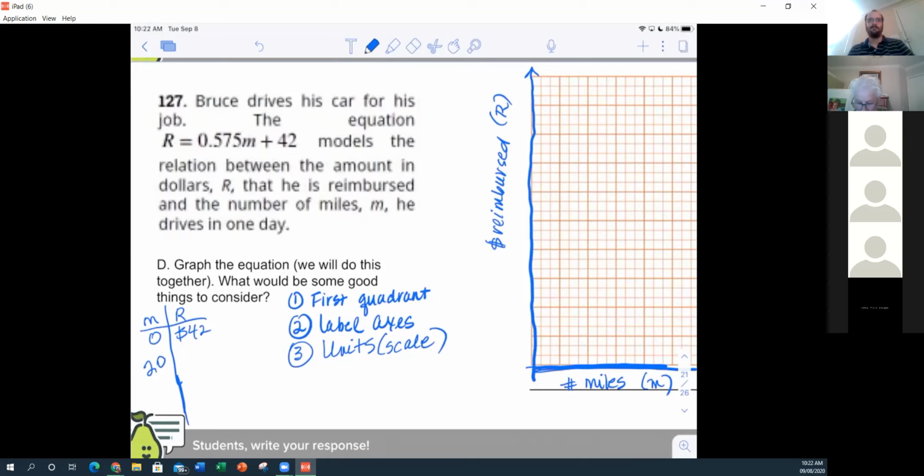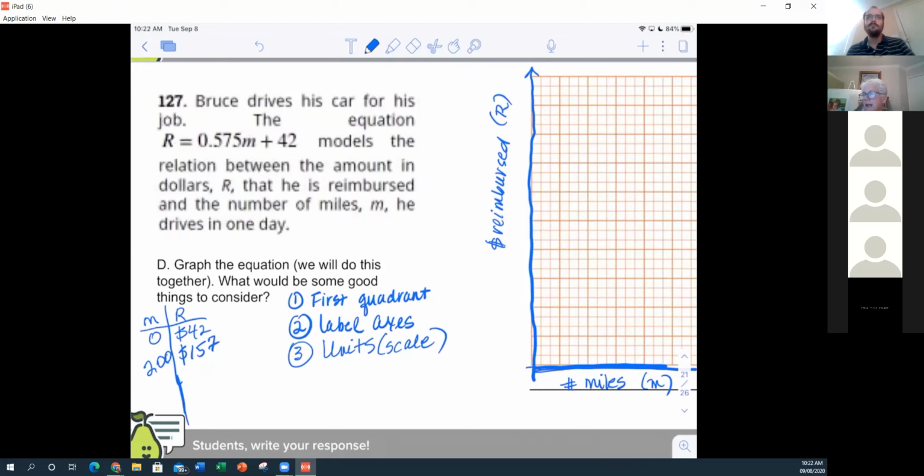So if you take, let's say, 200 for fun. And your scale might be different than mine. So if I say 0.575 times 200 plus 42, that would give me $157 that he's getting. Okay, so what would be a good scale for this, do you think?